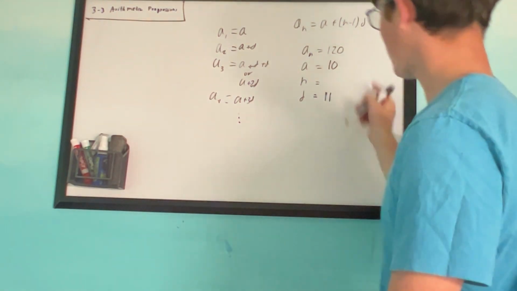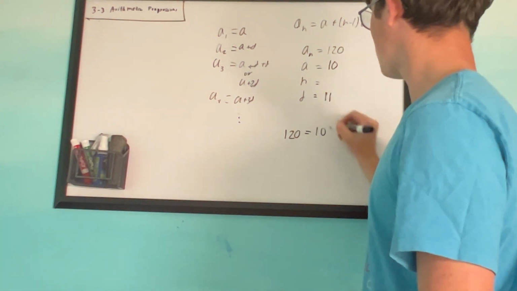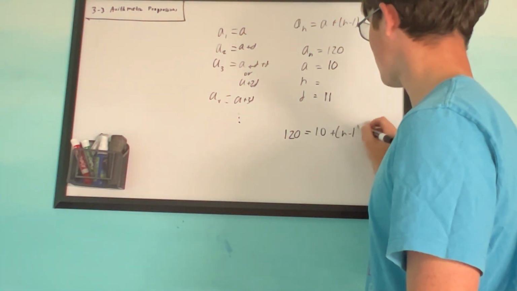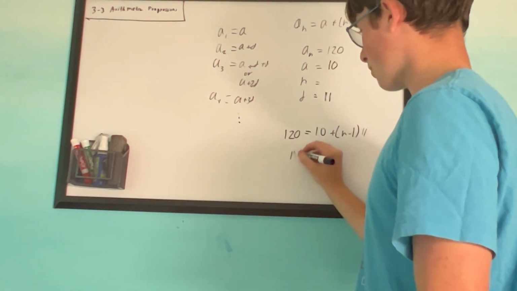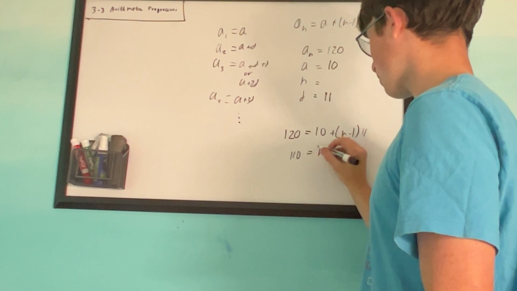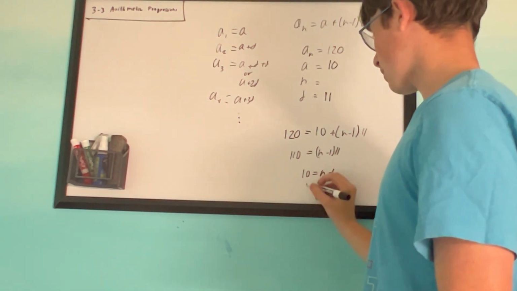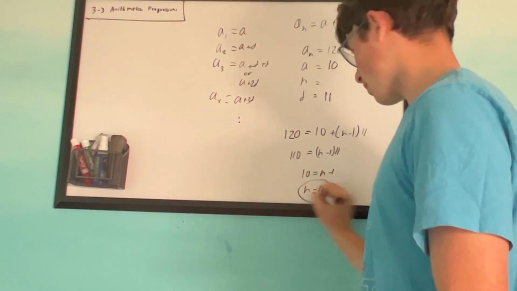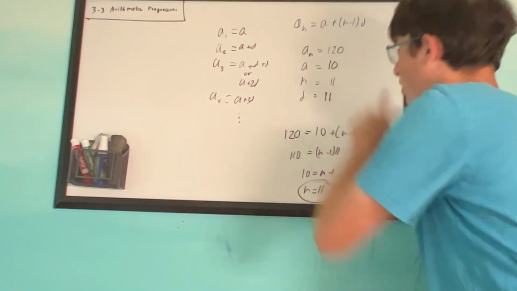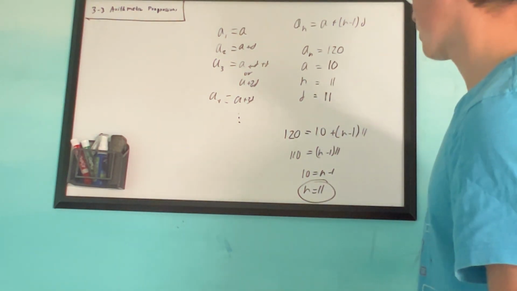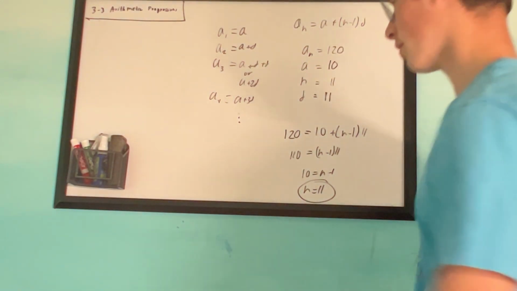From this we can say 120 equals 10 plus n minus 1 times 11. Then we can simplify this to get 110 equals n minus 1 times 11. Divide both sides by 11: 10 equals n minus 1, so that means n equals 11. So we can say that 120 would be the 11th term of the series where the initial value is 10 and the common difference is 11.